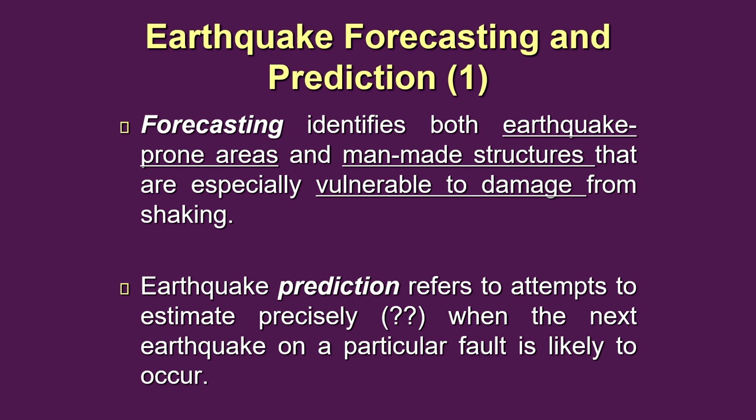Now, earthquake prediction refers to the attempt to estimate precisely when the next earthquake on a particular fault is likely to occur, but there is a big question whether we can do that precisely or not. So, the question always remains how we are going to predict when it is going to happen, and where, so that area is also important for us.